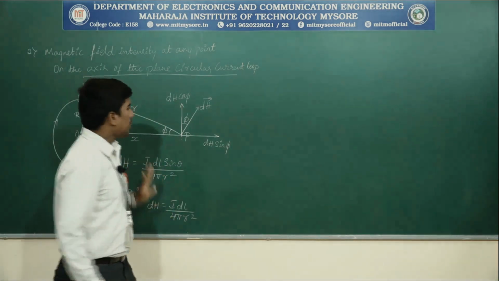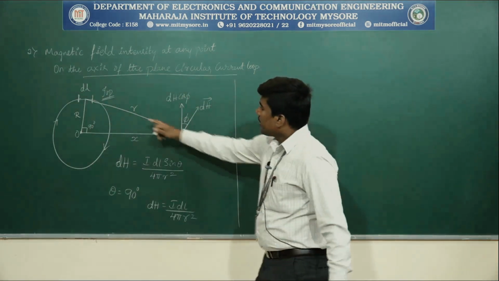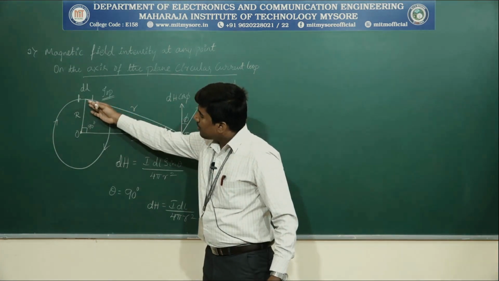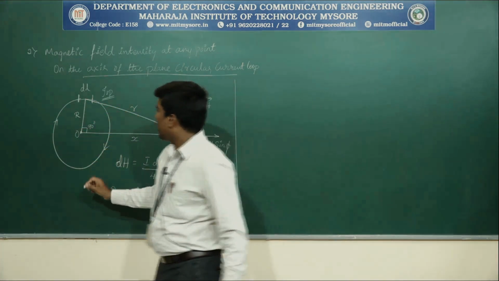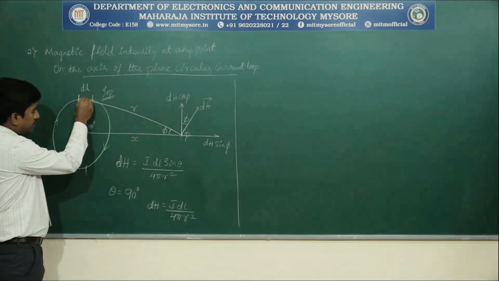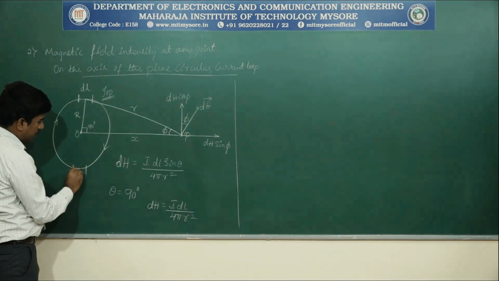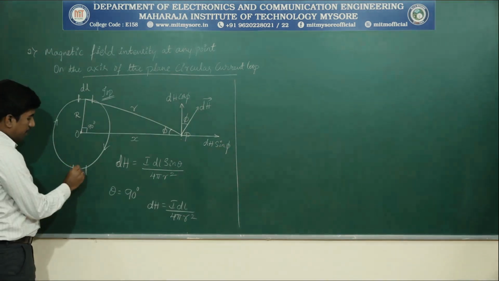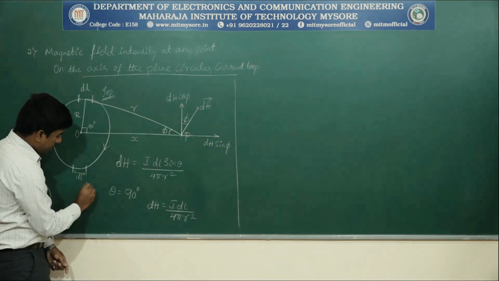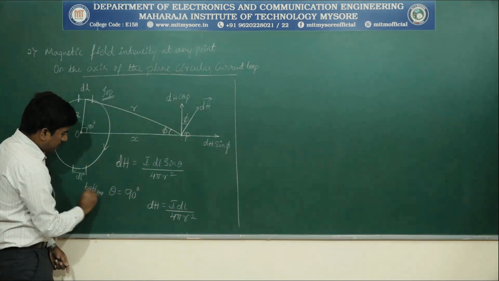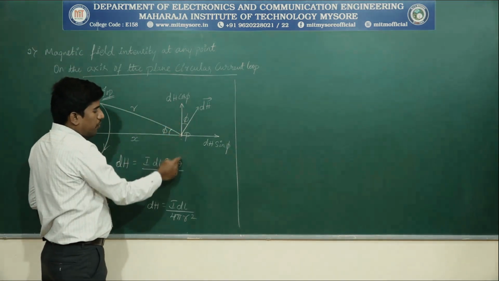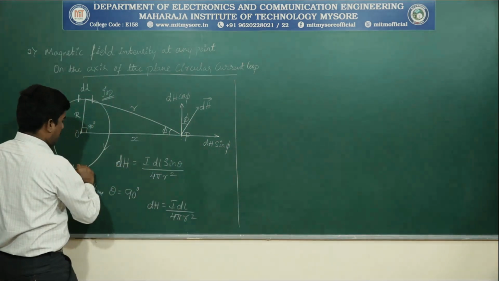Keep this equation aside. Now looking at this geometry, if I consider the diametrically opposite point to this element, here also this length is considered as dl. If I project the same vectors here with respect to the bottom element, dH cos phi will be in opposite direction.